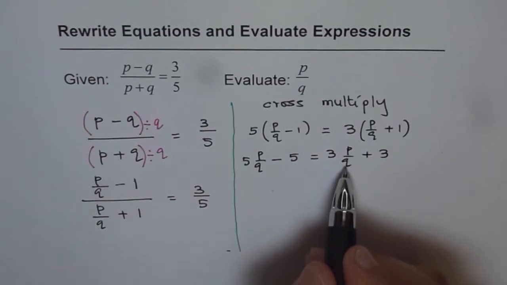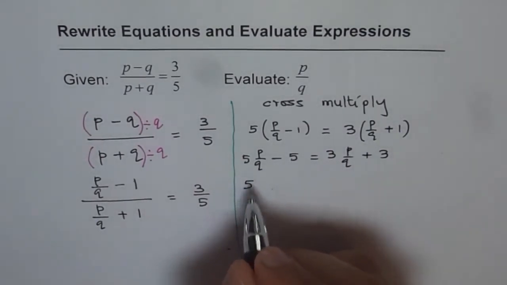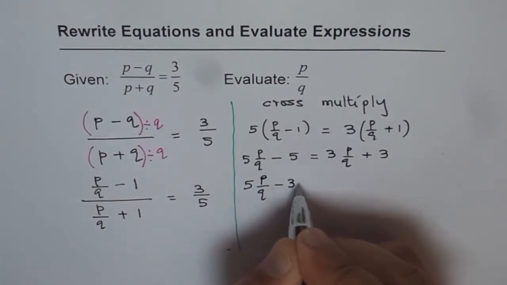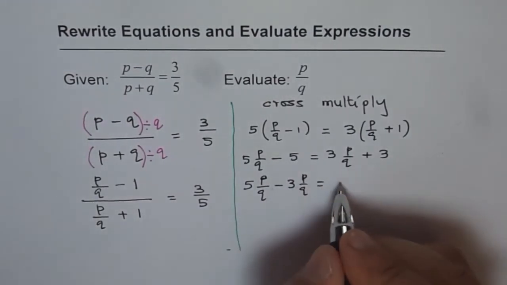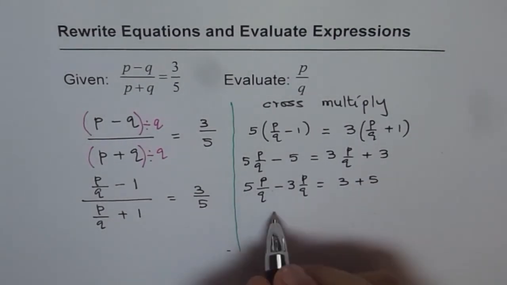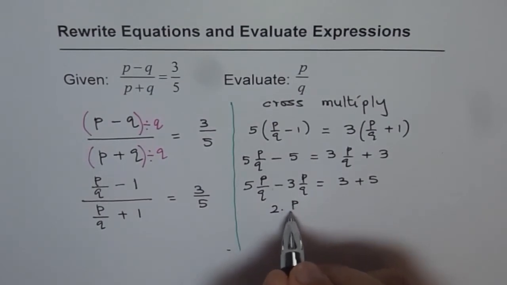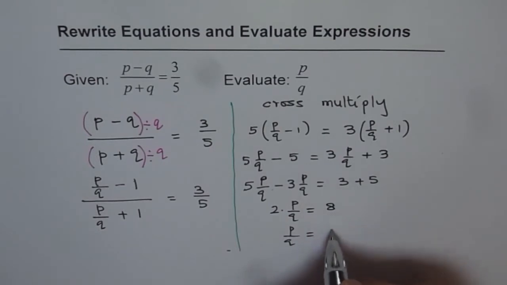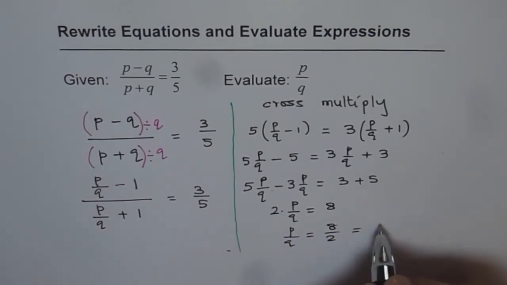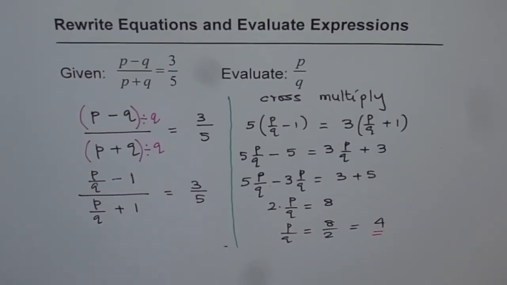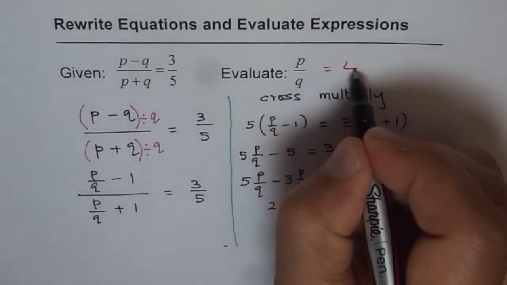Let's bring p over q to the left side, and we have 5 times p over q minus 3 times p over q equals 3 plus 5. 5 minus 3 is 2, so we have 2 times p over q equals 8, or p over q equals 8 divided by 2, which is 4. And so we get our answer, that p over q is indeed 4, right? So we can write this answer as 4.